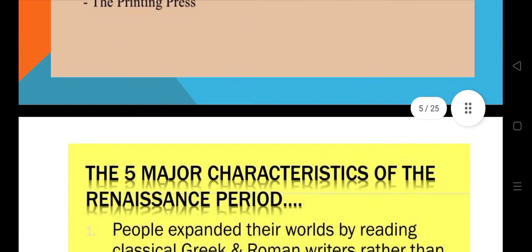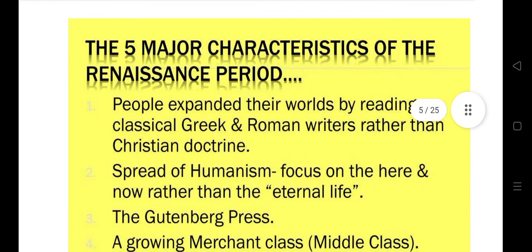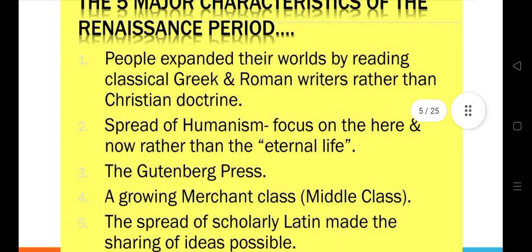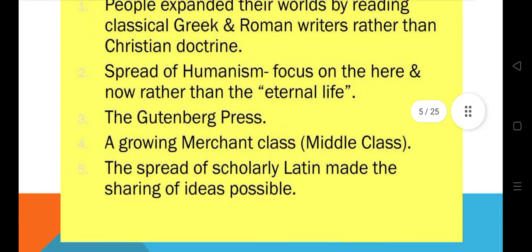Okay, and five major characteristics of the Renaissance period include: it expanded their worlds by reading classical Greeks and Romans, as I already told you, inspired by the classic writers. And the spread of humanism was there, which means focus on humans.